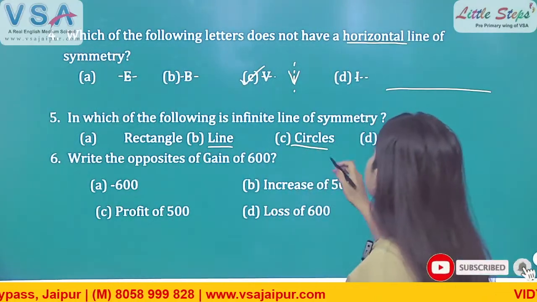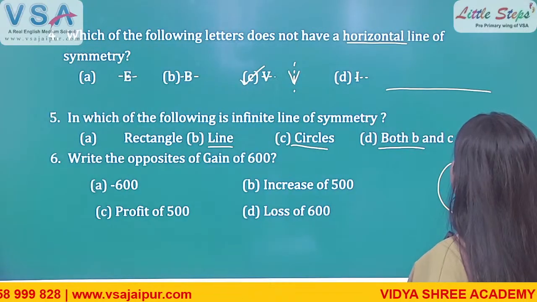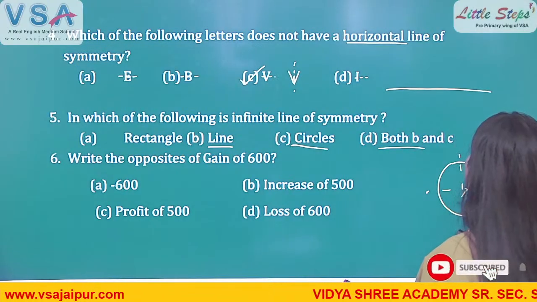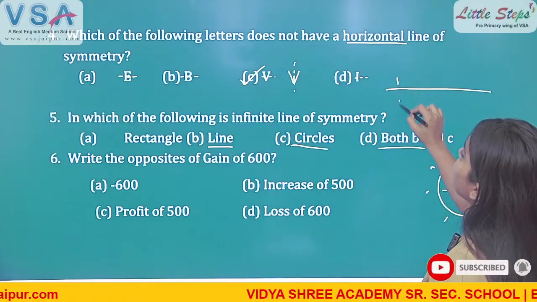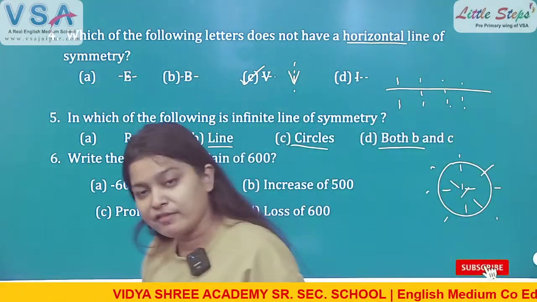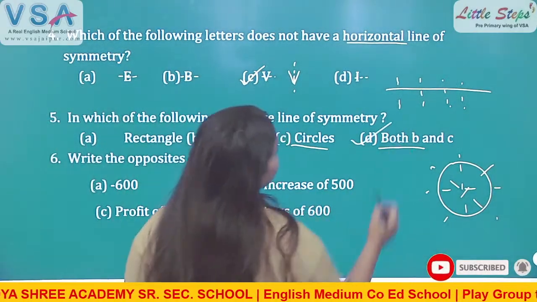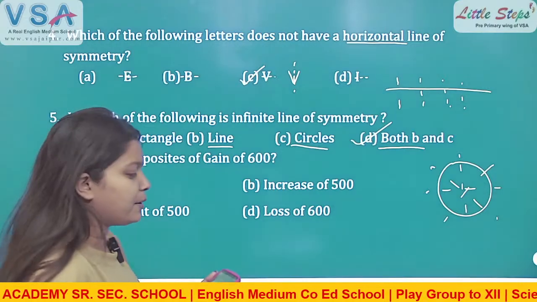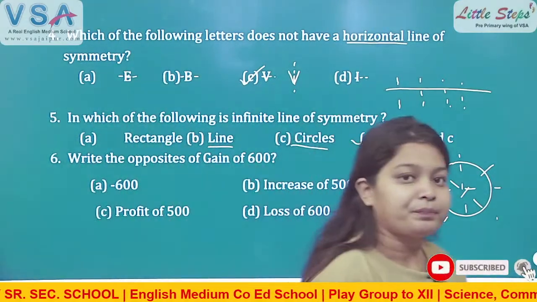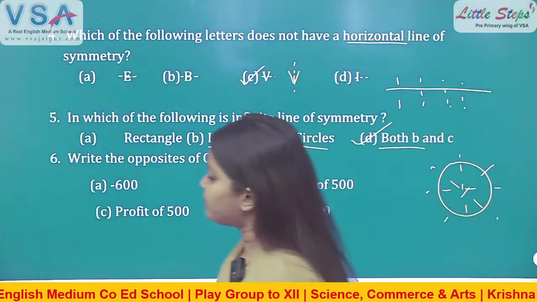In a circle also we can draw so many lines of symmetry. That means both the line and the circle have so many lines of symmetry, so we will call option D, both B and C, the shapes in which we can draw unlimited, infinite lines.